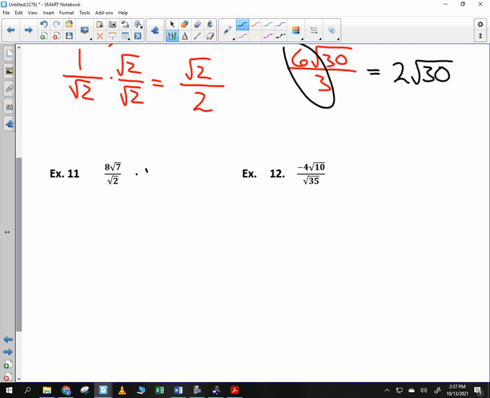We multiply top and bottom by the square root of 2. And we get 8 roots of 14 over 2. Do I leave that? 8 divided by 2 is 4, so I can rewrite this as 4 roots of 14.